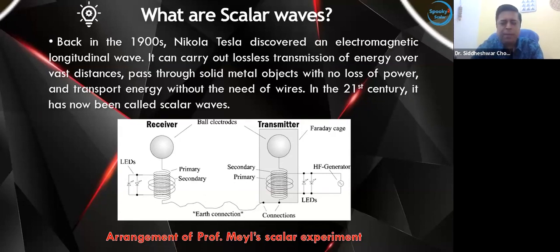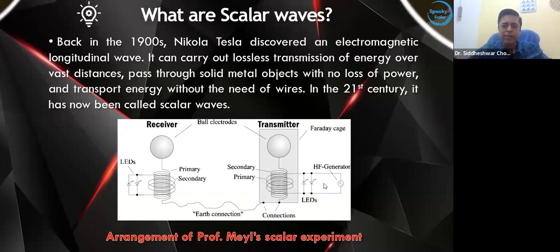Okay, so coming back to the scalar, the general setup of scalar is, I'm showing you this diagram because we'll be seeing the Spooky2 scalar unit, so that you can correlate easily. In general, the Spooky2 scalar unit has a transmitter box. It's a transmitter circuit wherein the huge base contains the primary and secondary coil.